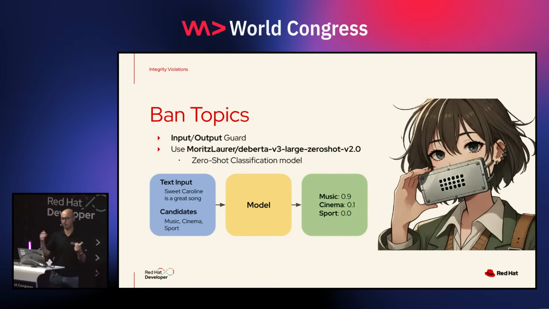I can say, hey, if it's about cars, then send the request to the model. But if not, then just return a denial saying, hey, what you are asking me, I'm not able to produce a valid response. So that's, again, an integrity violation. In this case, an input Guardrail or output Guardrail can be used in both places to detect the topic of the question.